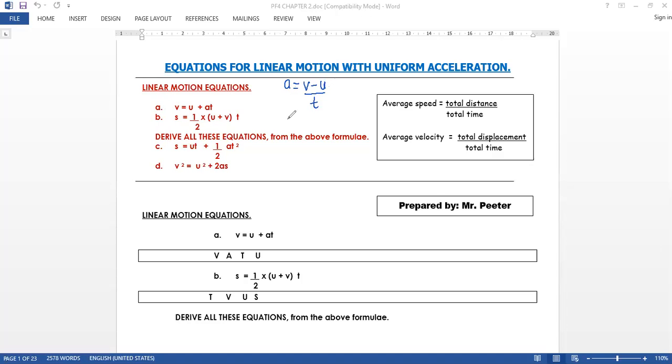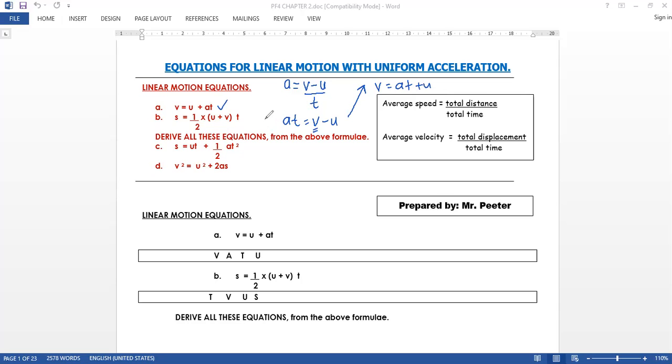So when you rewrite, at equals v minus u. When you rewrite again, you bring the negative to the other side, you get v equals at plus u, or v equals u plus at.